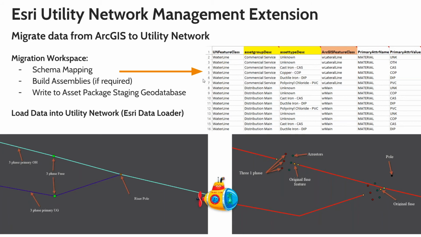If anybody is working in ArcGIS with network information, water, gas, electric networks, those data structures used in ArcGIS are changing quite a lot, moving into the Utility Network Management Extension.